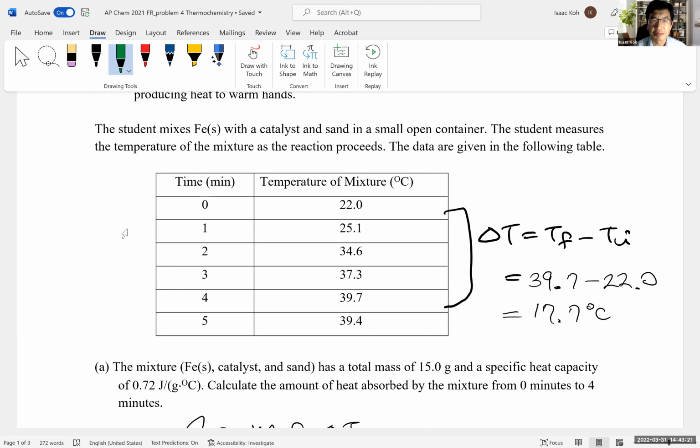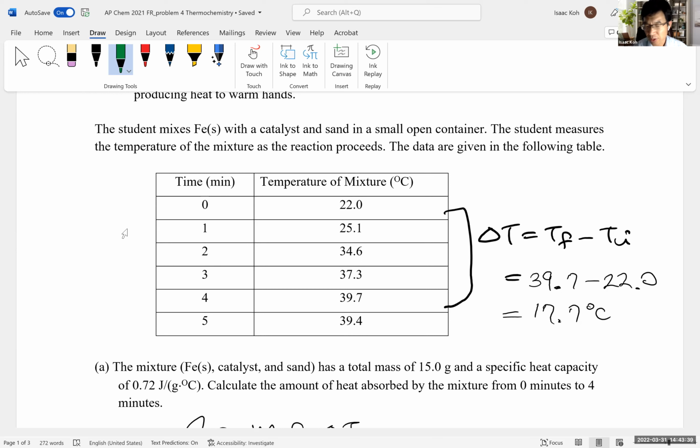And in this kind of thermochemistry experiment, we are always measuring the maximum temperature. Because this is an open container, it is inevitable to lose some heat to the air.